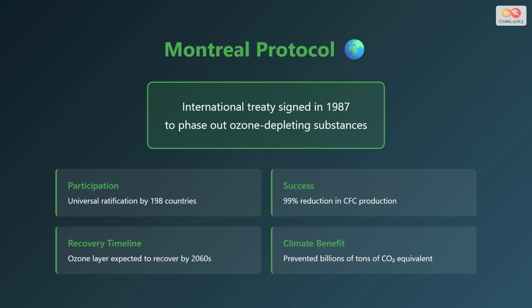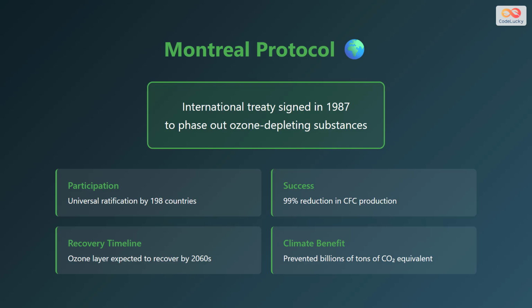In response to the ozone crisis, the international community came together to create the Montreal Protocol, signed in 1987. This landmark environmental treaty aimed to phase out the production and use of ozone-depleting substances, including CFCs. The protocol has achieved remarkable success. It has been ratified by 198 countries, achieving universal participation. Global CFC production has been reduced by 99%.